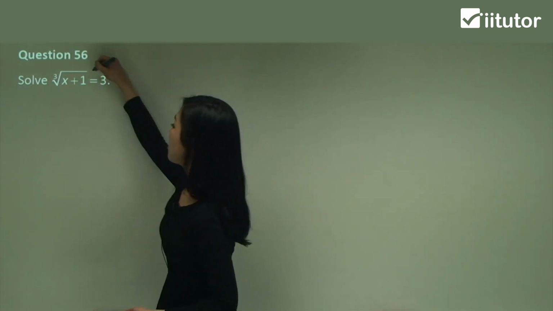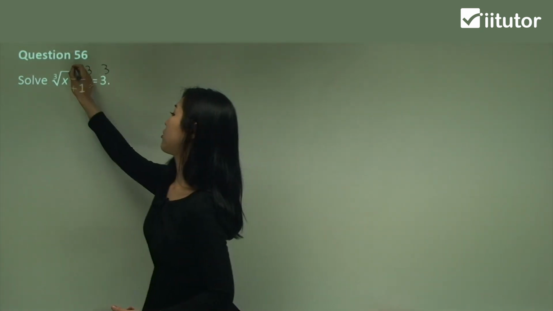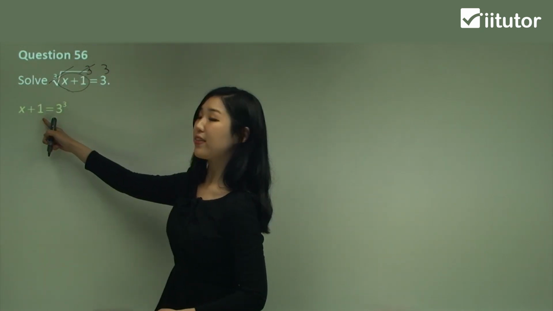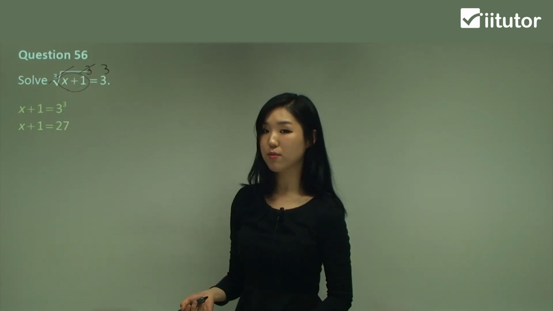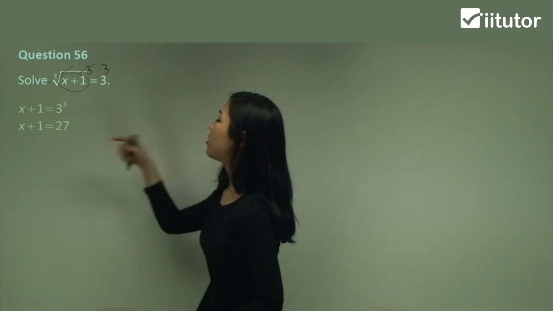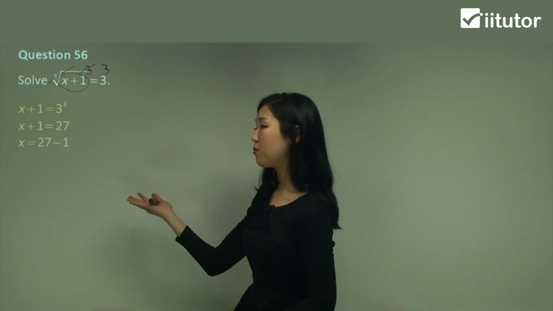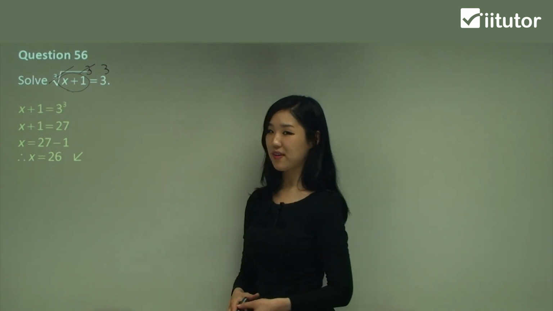So we must power it with 3. We must cube it. So this cube root and the cube cancel. We just have x plus 1 left, and that's equal to 3 cubed, which is 27. So move the 1 over to the other side by subtracting, and it will be 26. So x is 26 is the answer to this question.